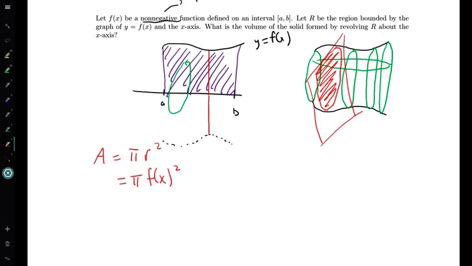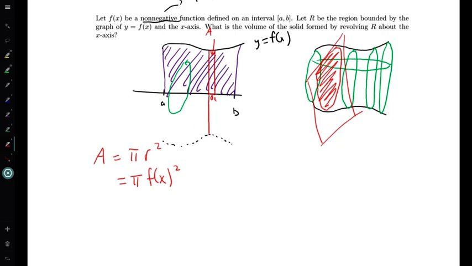Another way of thinking about it, perhaps, is if I were to create a small rectangle here, perhaps with width dx, then I could say the volume of this small rectangle, or the area rather, since we're thinking about this as a two-dimensional shape. We want to think about revolving this rectangle that I've drawn about the x-axis.